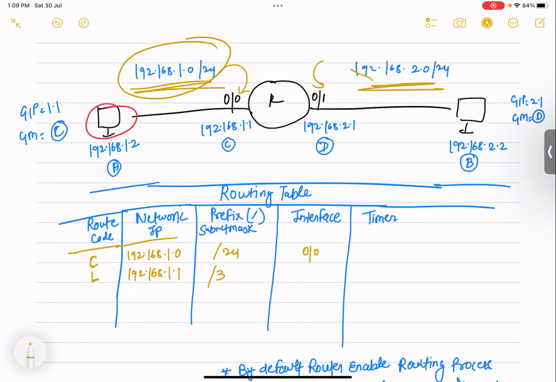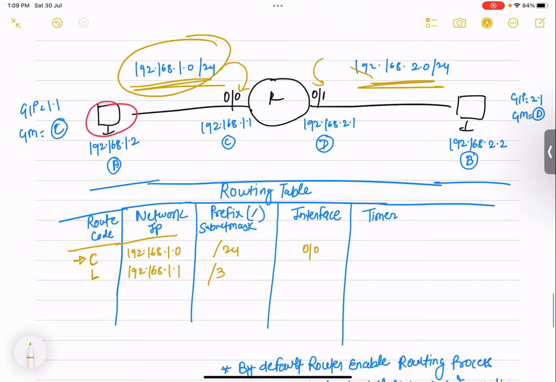The router also installs the interface IP of the same network. So a directly connected network is C, and the directly connected network's interface IP information we get from L. L means local interface, and C means directly connected.